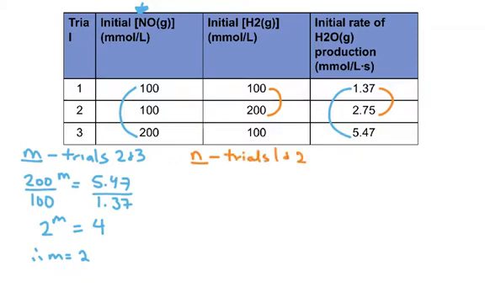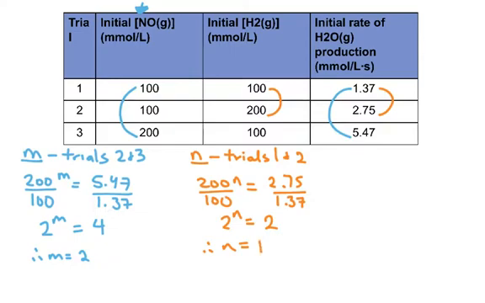Again, big number always on the top. 200 divided by 100 raised to the n is 2.75 divided by 1.37. All right, so we've got 2 raised to the n giving us 2. Therefore, n is just equal to 1 here.